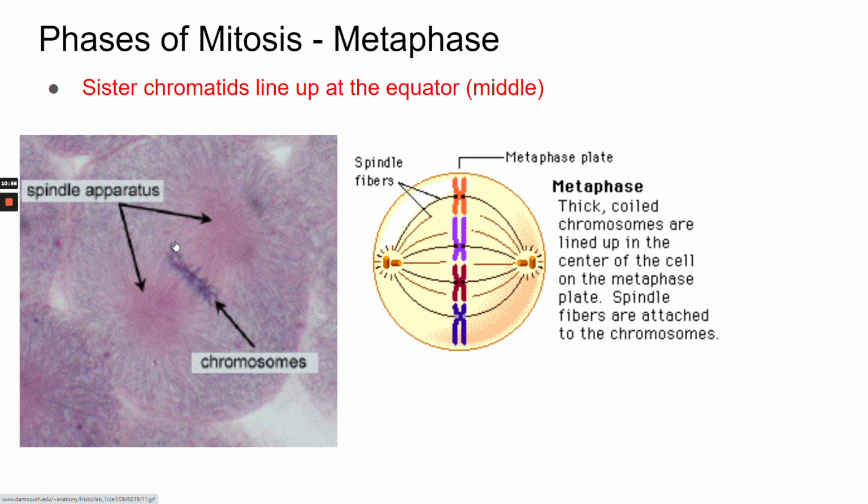So these chromosomes line up right along the middle of the cell. And here in the microscope, we can see they're all in a line. They're attached by these spindle fibers, these sort of ropes. That's metaphase. The chromosomes are in the middle.